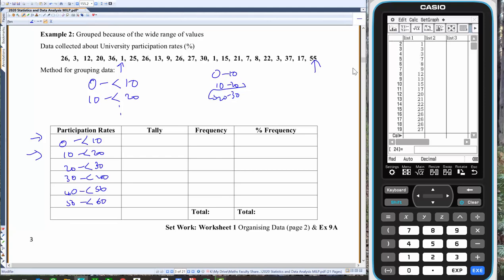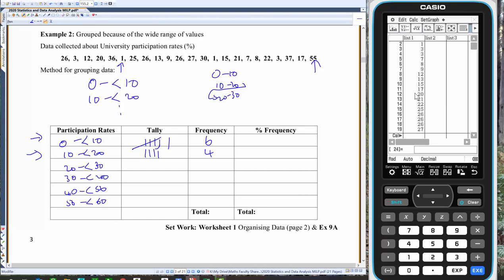All right, so 6 numbers are between 0 to less than 10. Hang on, did I do that correctly? There's 4, 5, 6. And 10 to 20, that's going to be 4. Notice that 20 belongs to the 20 to less than 30 grouping, not to the earlier group, as the earlier group is less than 20.